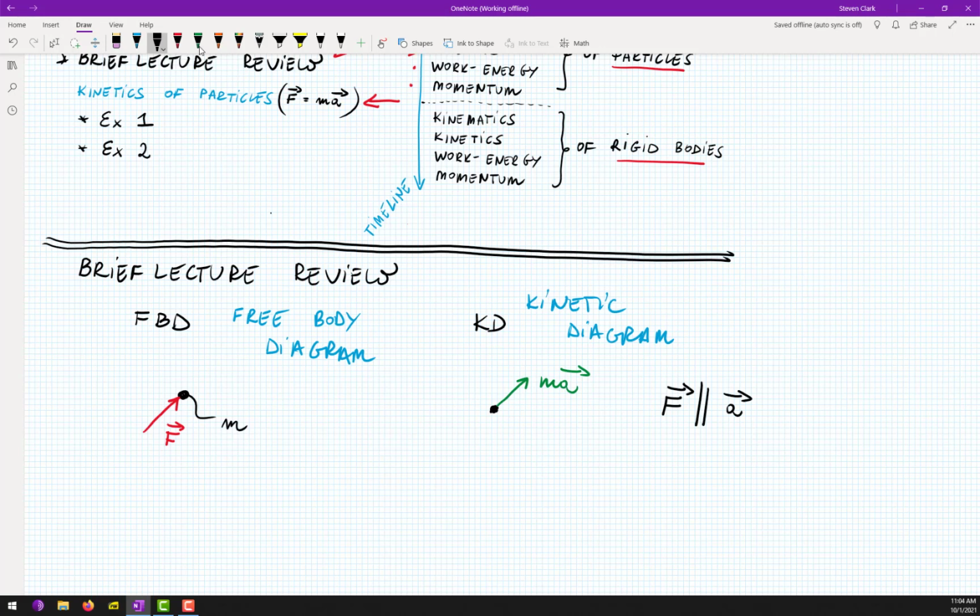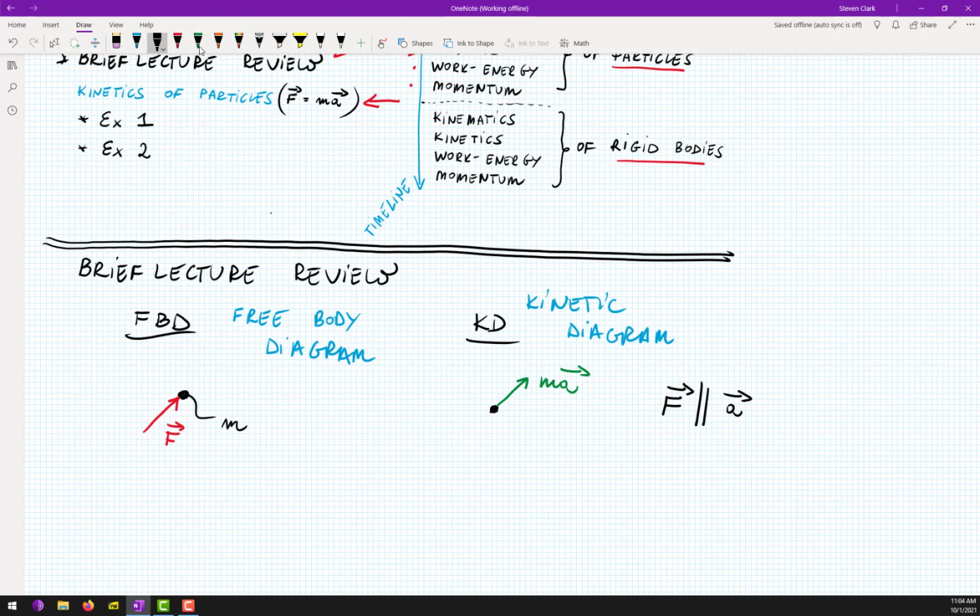By the way, on the free body diagram, we show forces acting on our particle. On the kinetic diagram, we show accelerations. I just want to systematize our solution steps. I want to save some ink, so I'm not going to write free body diagram, I'm just going to write FBD. And I'm not going to write kinetic diagram all the time, I'm just going to write KD for the same reason.